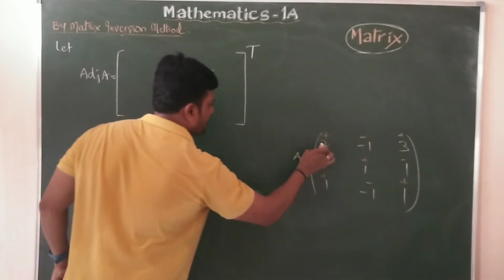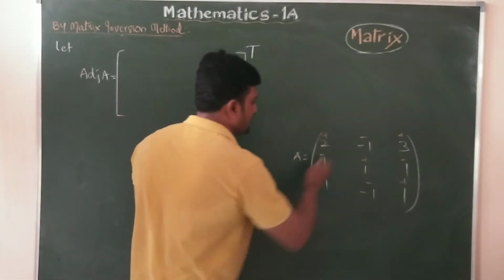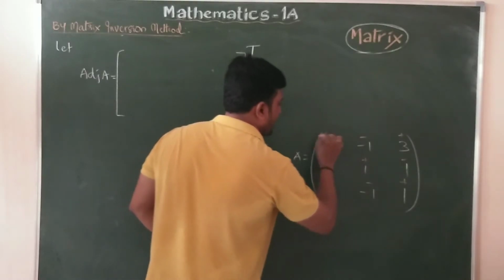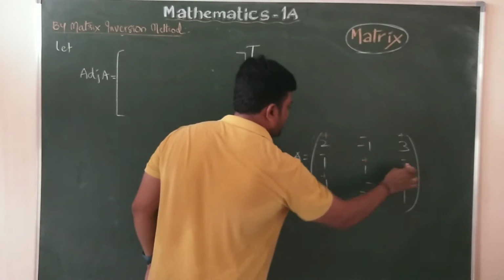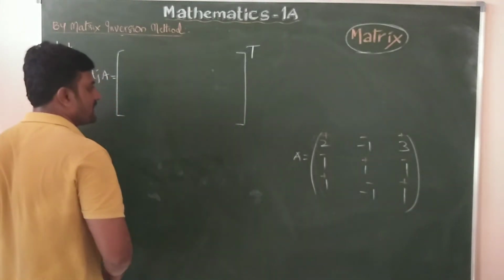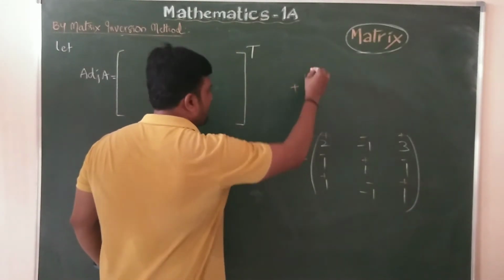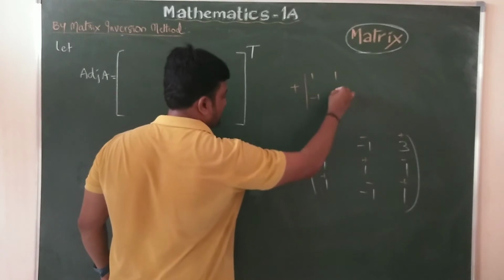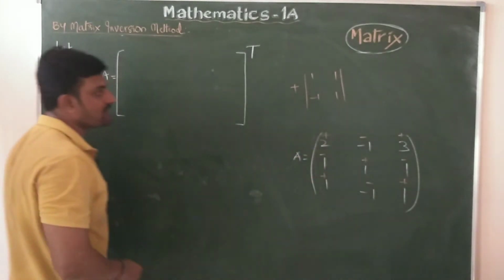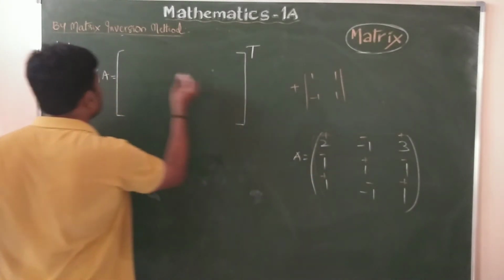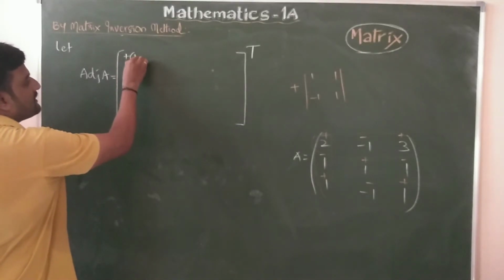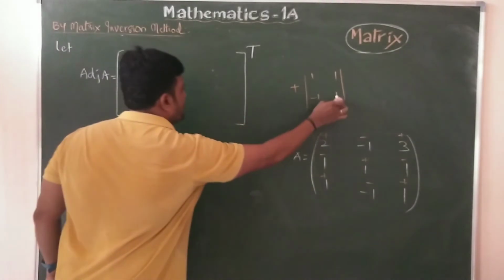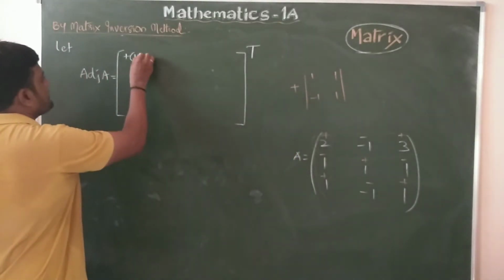Then the cofactor of 2 is nothing but what? Deleting the column and row, then the determinant of 1 1, minus 1 1, which is 1 plus 1.